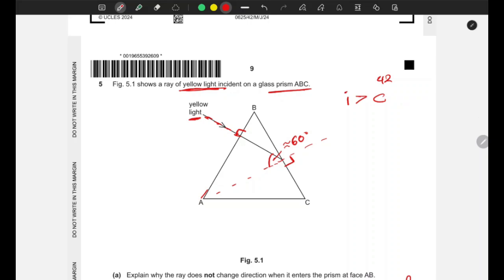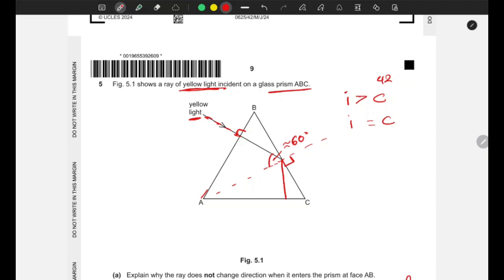Total internal reflection would happen. And if the incident angle equals the critical angle, the refracted ray will be along the boundary, along this line. But since it's greater than 42, it would be reflected.